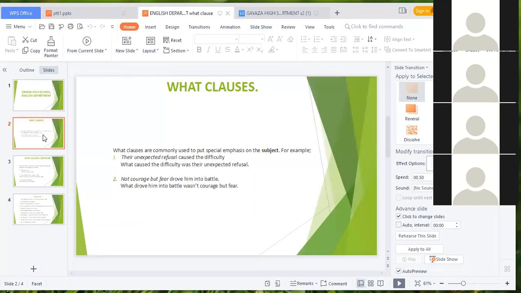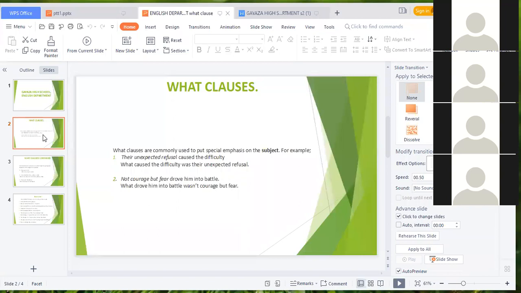So when do we use the what clauses? We know what makes a sentence. It is a word, and several words make a phrase, and more words make a clause. A clause will always hold more meaning compared to the phrase. And one clause or two clauses make a sentence. So we're going to look at the what clauses and how we use them.